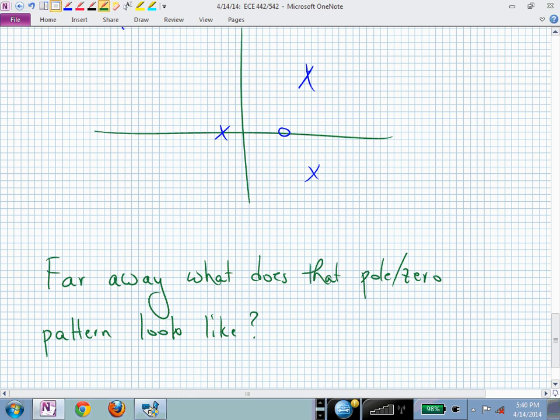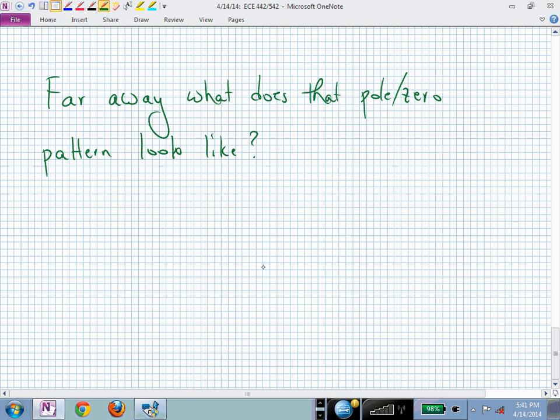That's really the idea behind these asymptotes. If you went way away from this, do you agree that it might just look like a couple of poles centered somewhere? It'll have some centered by their relative locations. They will have a centroid. They will have some spot on the real line that they're centered. A long way away from this pattern.